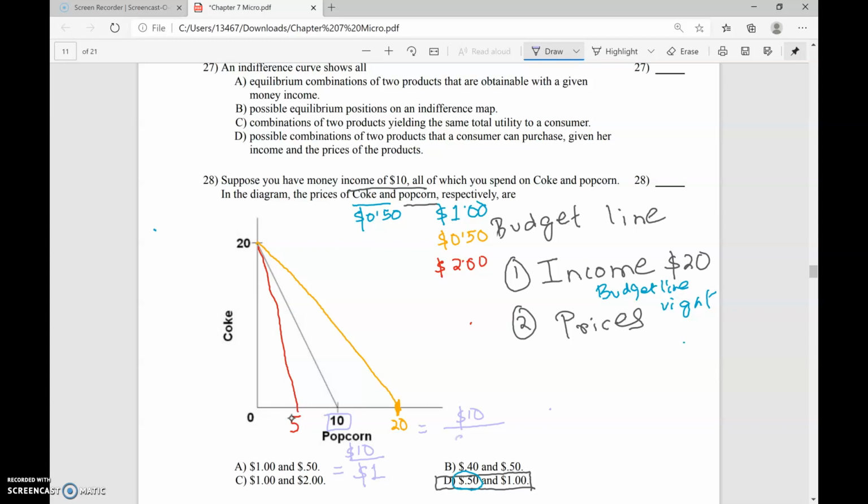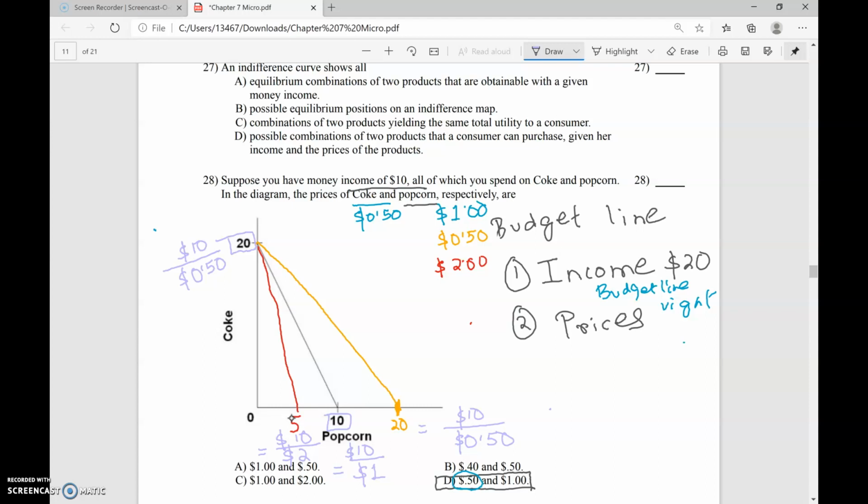The assumption here was price went down to 50 cents. This 5 units we found out by dividing total income by price going up by $2. And this for Coca-Cola, we found this out by dividing total income over the price, which is 50 cents.